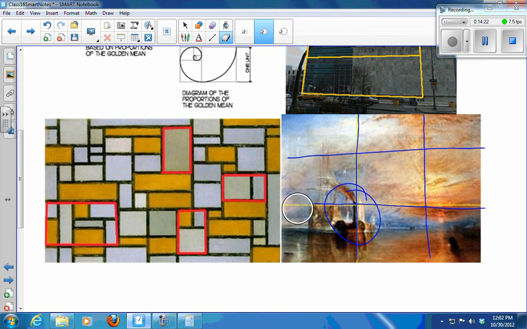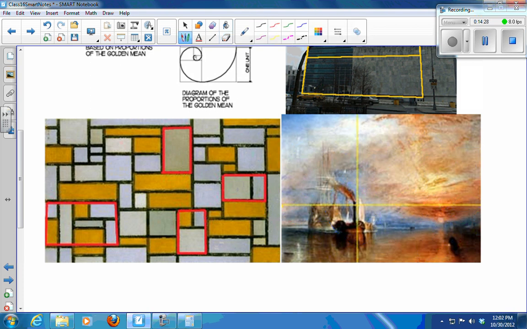let me erase everything I've got here. By doing that, you end up using something of an approximation to the golden ratio, where this length divided by this length, call this L2 and L1, approximates the golden ratio.